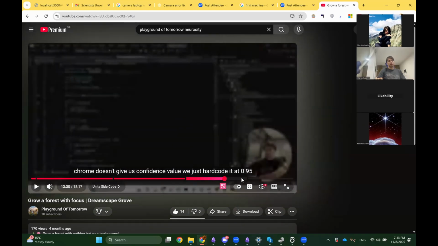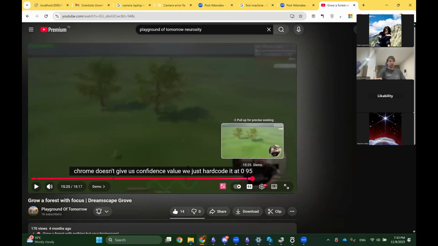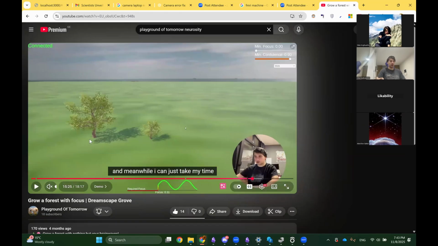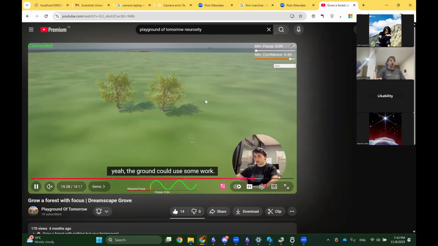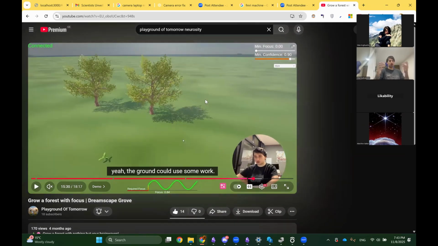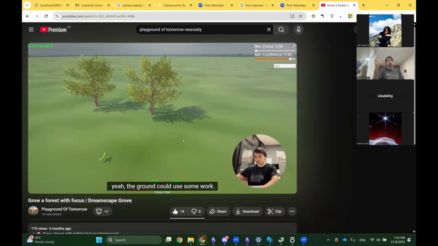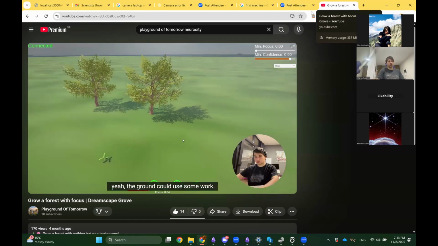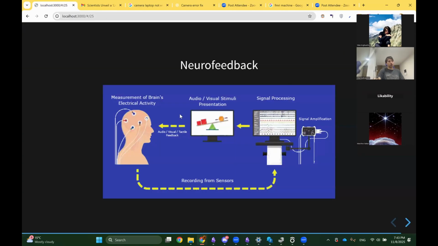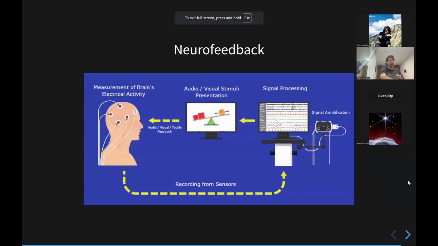It needs work, like it's not actually ready to treat a real person, but basically a game where if you stay focused, new trees will grow, and if you lose your focus, the trees will shrink. And the idea is if you play it enough, you will develop the ability to instantly control your focus, which can help with just work, studies, or just generally in life to not be more distracted than you would wish to be. So I'll send all the relevant links for this.